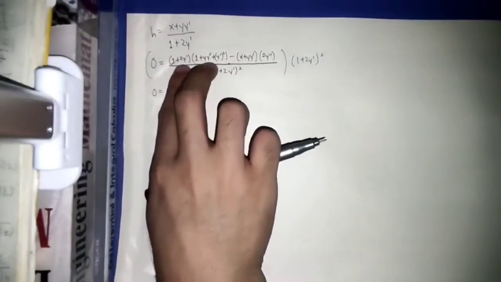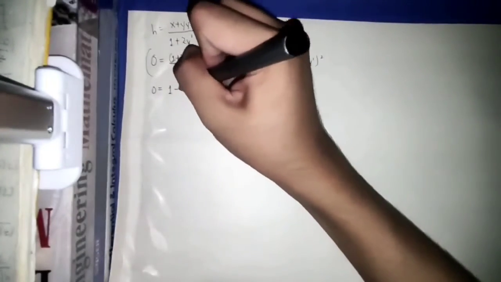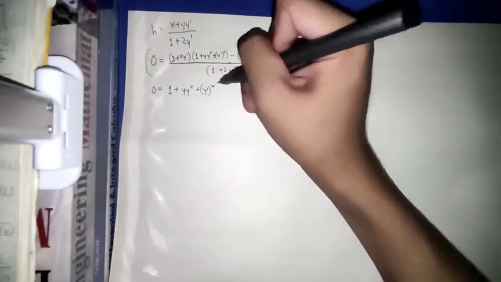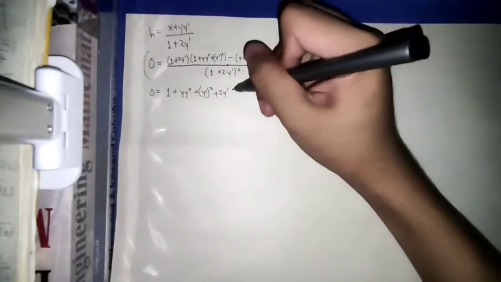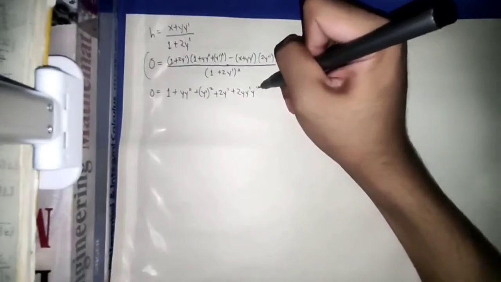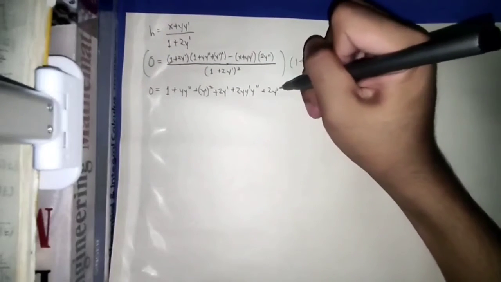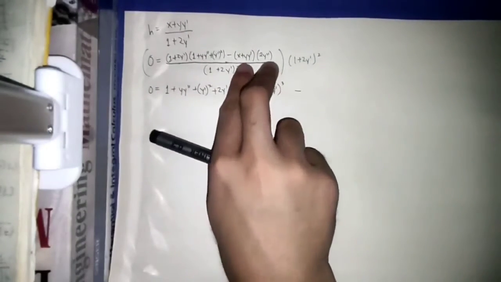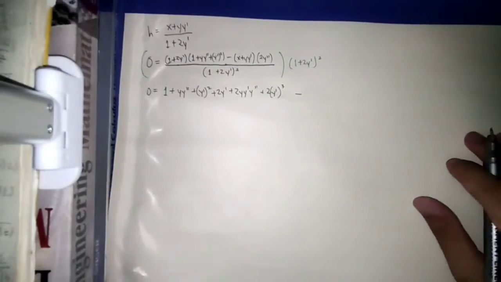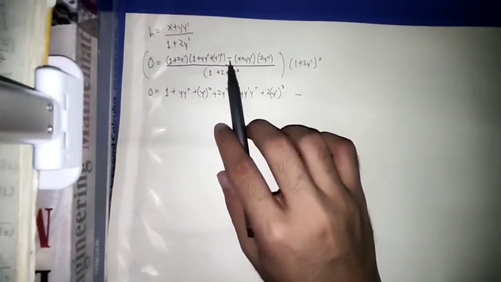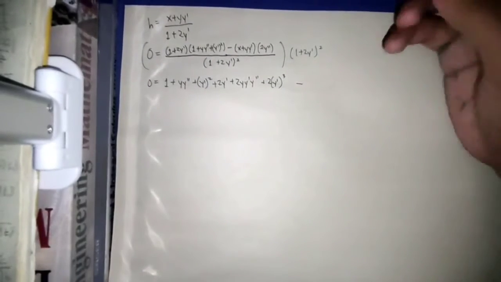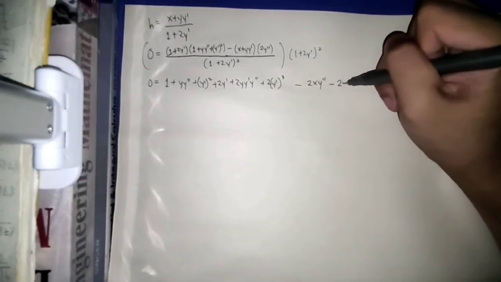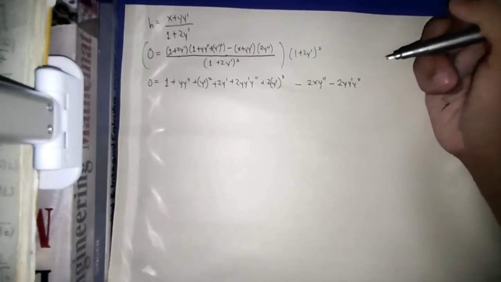Now let's expand these two quantities, giving us 1 + y y'' + y'² + 2y' + 2y' y y'' + 2y'³ minus, let's expand these two quantities as well, and apply the negative sign already, giving us -2x y'' - 2y y' y''.